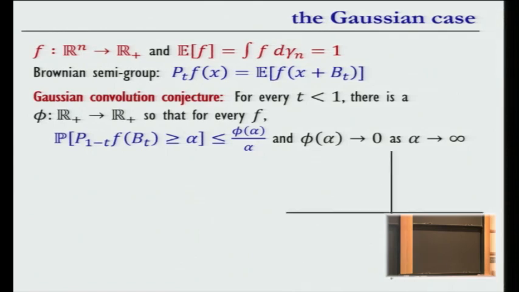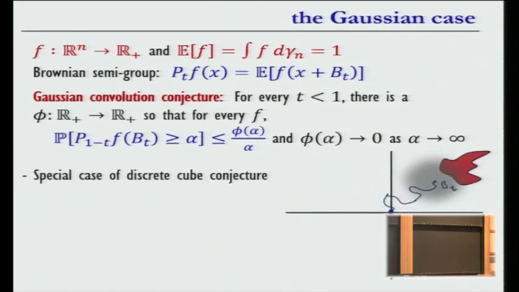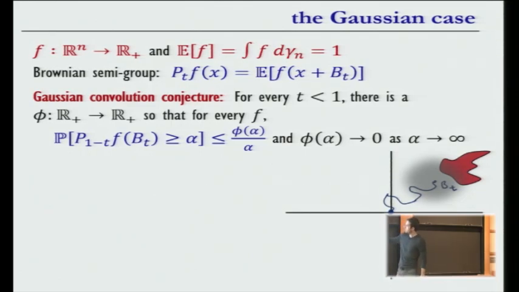You should think about it like this. The natural way to sample x according to the Gaussian measure is just to run a Brownian motion to time 1. But now I want to do something smoother. So I'll run the Brownian motion to time t, and then, normally I would keep running to time 1, but instead I'll just average over the last 1 minus t part of the space.